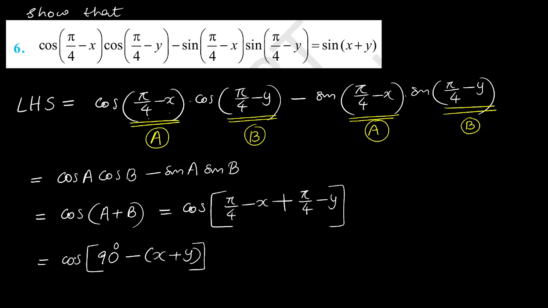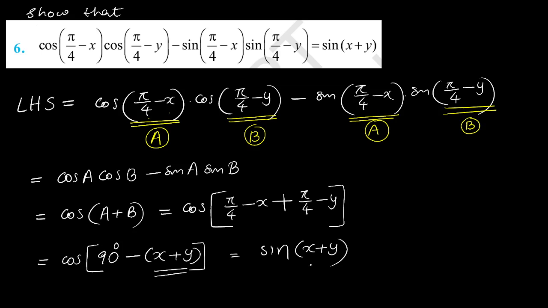It is of the form cos 90 minus theta. Let x plus y be theta. This is of the form cos 90 minus theta. It is sin theta, right? If the left side is cos, the right side will be sin. In the case of 90 or 270, if there is 90 or 270 in the beginning, cos becomes sin. So cos 90 minus theta will be sin theta.